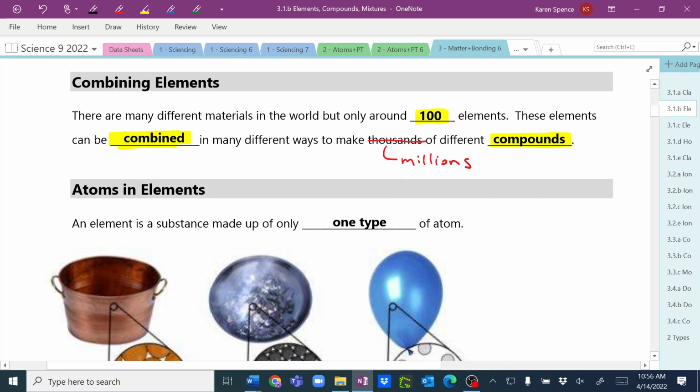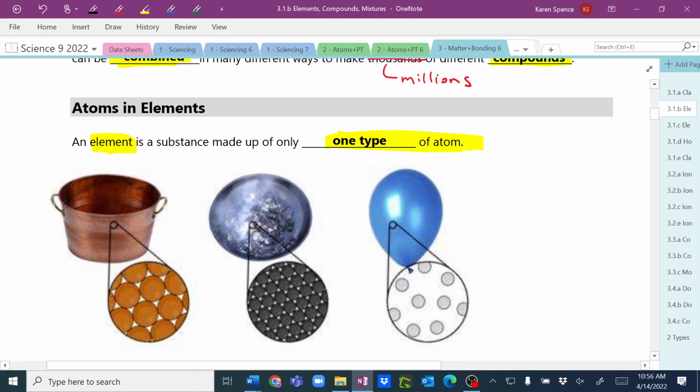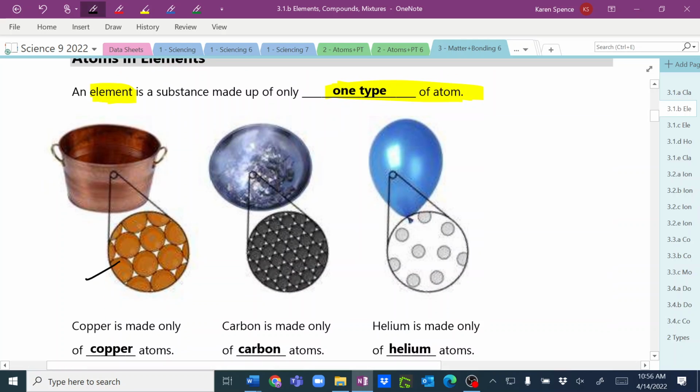So if you have an element, all the atoms are of one type. In an element, you only have one type of atom. If we look at our picture of the copper, this is like a copper basin. These are all copper atoms, all the same.